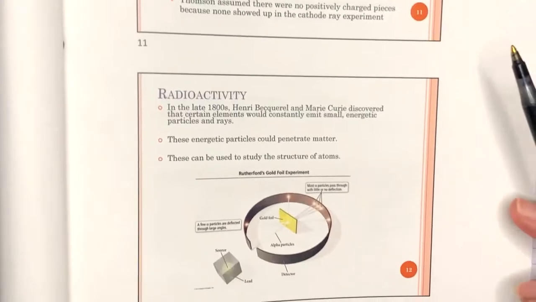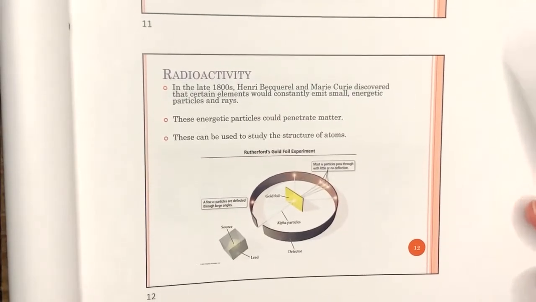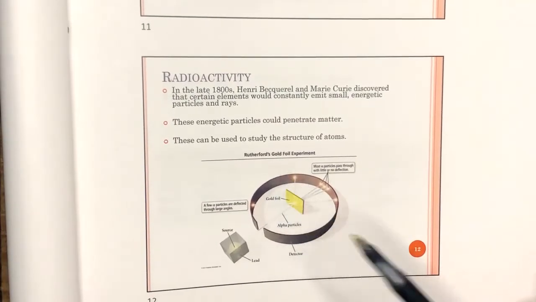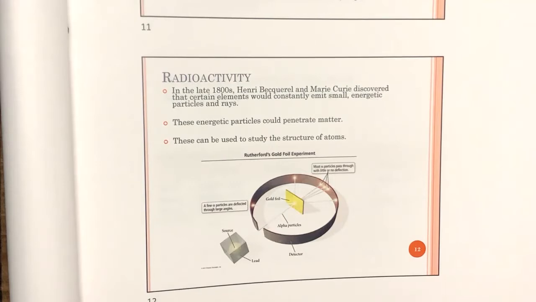So his student, Ernest Rutherford, is going to do an experiment later on to try to prove this plum pudding theory. Before that, alpha particles had already been discovered, and they're going to use them in a gold foil experiment.